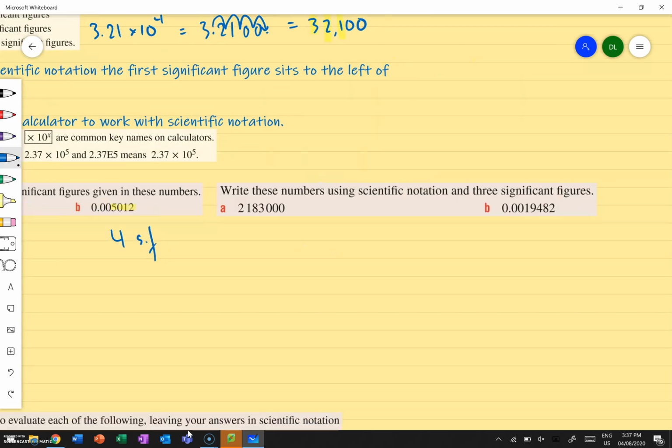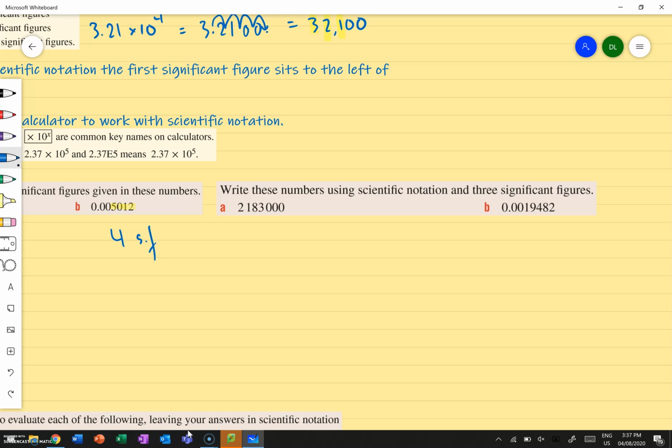All right, let's write these numbers using scientific notation and 3 significant figures. 3 significant figures means I'm going to find the first 3 significant figures. My first non-zero digit from the left is 2, and I've got 1, 8. So I'm going to focus on the 2, 1, and 8. Now to 3 significant figures, I know that my decimal place is right here.